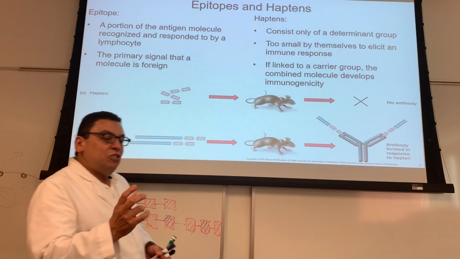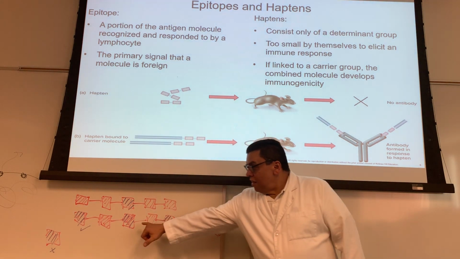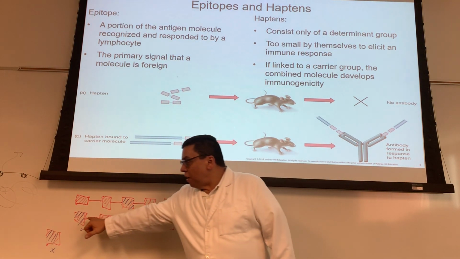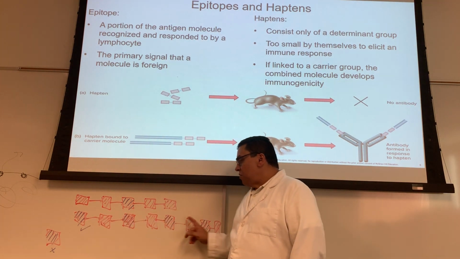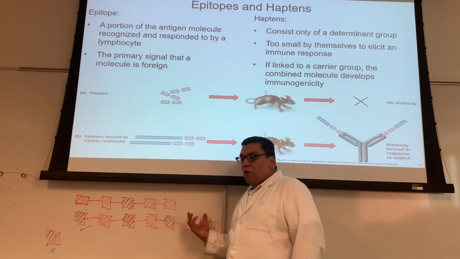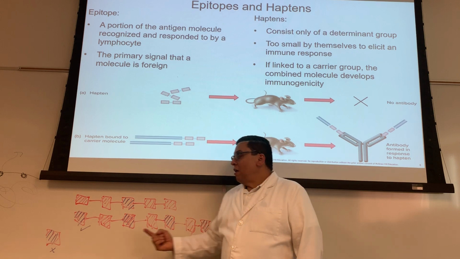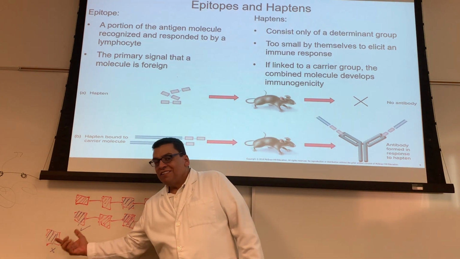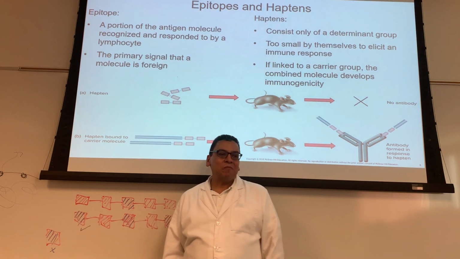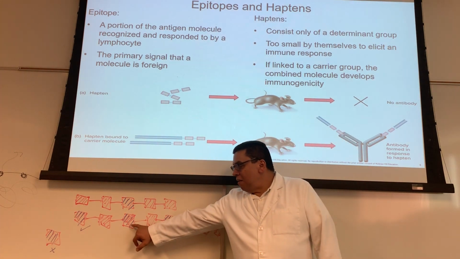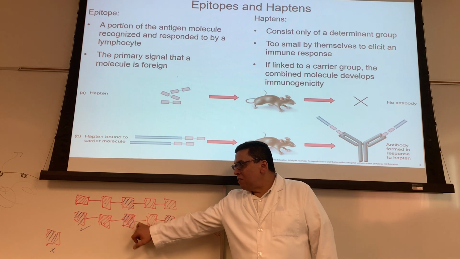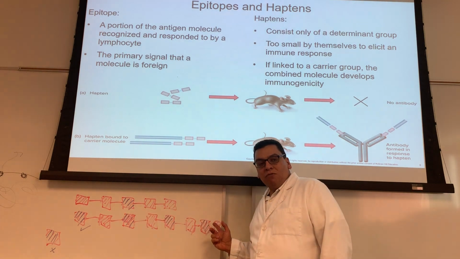Even though it's antigenic as a component of this major, big, huge protein, making the whole protein antigenic, on its own it doesn't do anything. So it's not just a factor of it being bacterial, it also has to do with the size of the protein that it's attached to.